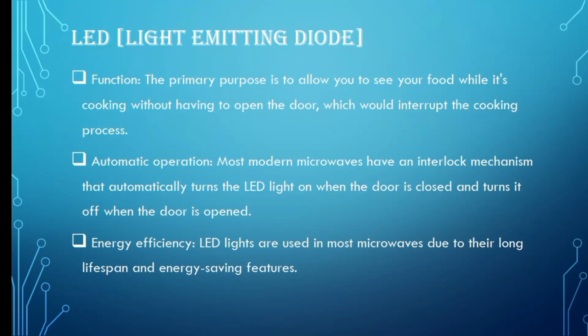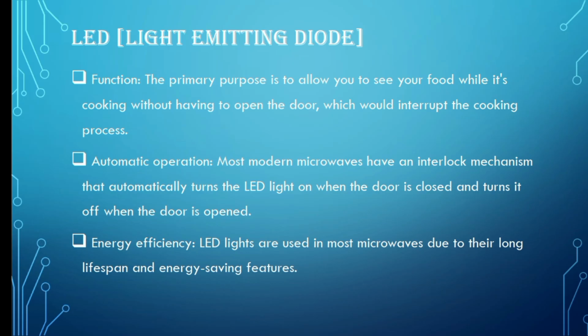LEDs are commonly used in 7-segment display format to show numbers on the microwave control panel, allowing the user to easily read the cooking time or other settings. In the embedded system, the microcontroller within the microwave directly manages the LEDs by sending signals to activate specific segments of the display to form the desired digits.